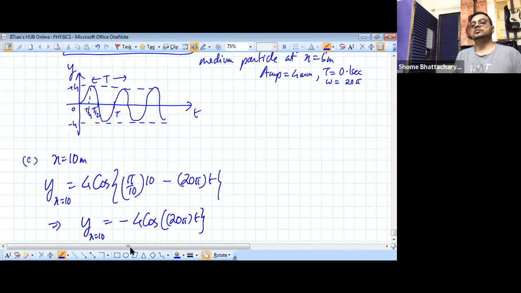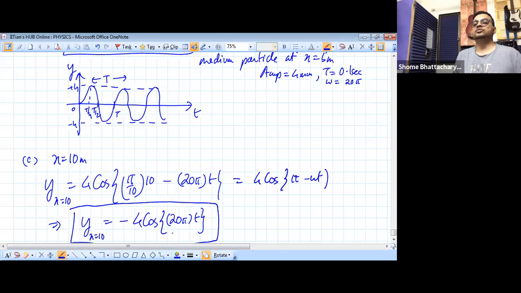This kind of function. Because this is 4 cos of pi minus omega t. Okay, so pi minus omega t becomes minus cos. So this is the SHM of the particle at x equal to 10 meters.